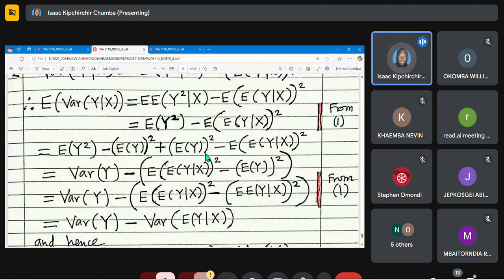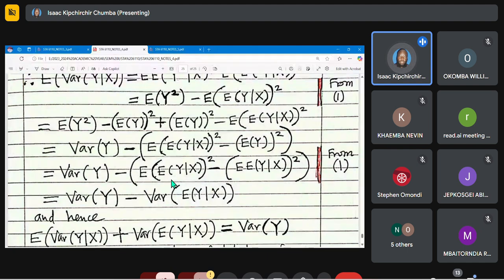So I'll be having expectation of this minus this. Factor out the minus. So I have this result. So I'll be having this one coming here, and then I have this one coming here with a minus. If you open the brackets, you'll go back there.